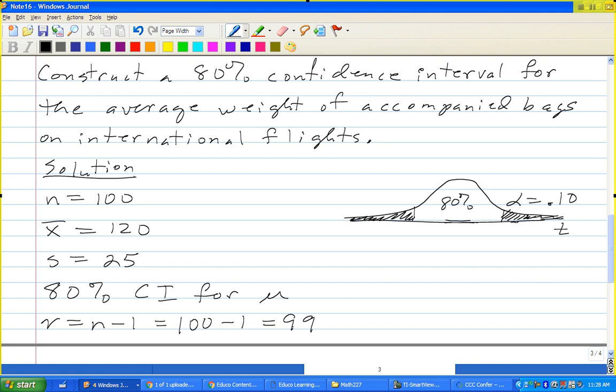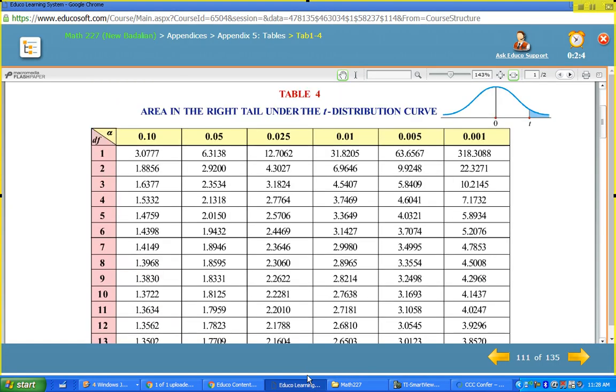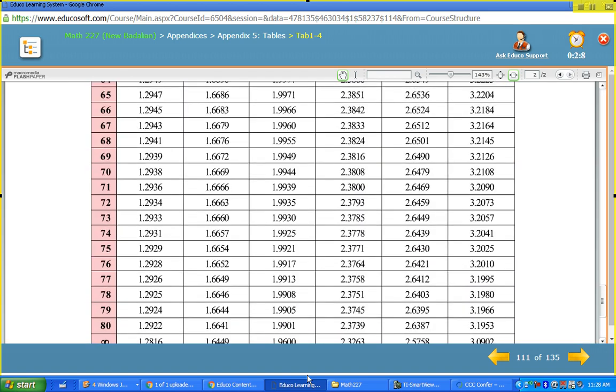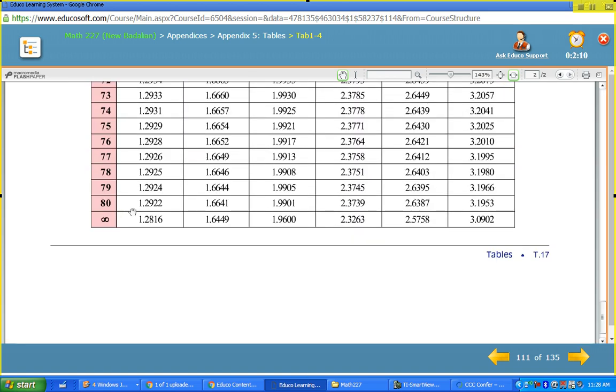The standard deviation was 25. I'm sorry, there were 100. So 99 was the, sorry about that, 99 was the degrees of freedom. So let's go down to 99, 10%. So 99 says 10%. We don't have 99. Okay, so it should be somewhere close to that, but we don't have 99.